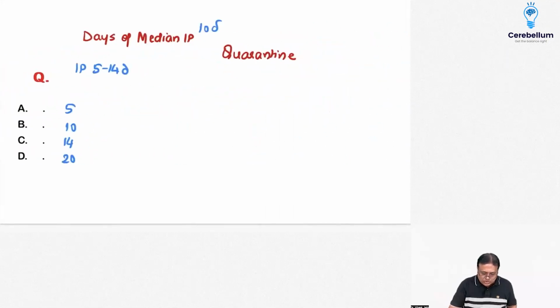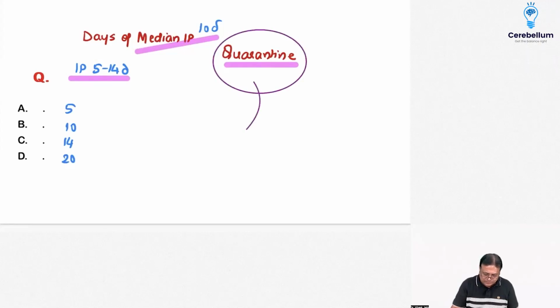Okay, there was a question on quarantine. They said a disease was mentioned where incubation period was 5 to 14 days and median incubation period was 10 days. As we have discussed categorically in all our sessions, quarantine is always done for the longest incubation period of the disease.